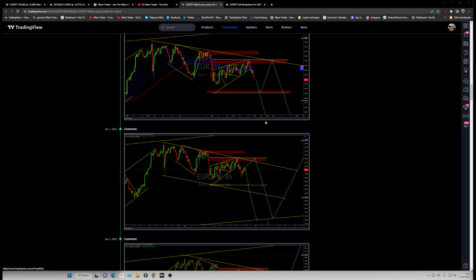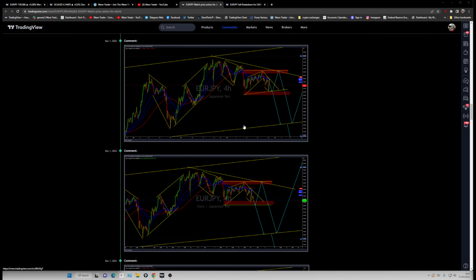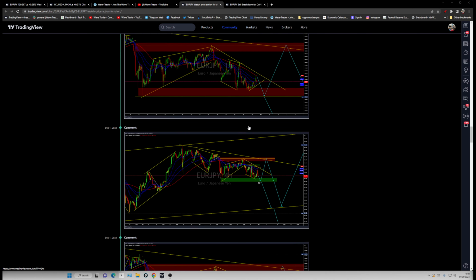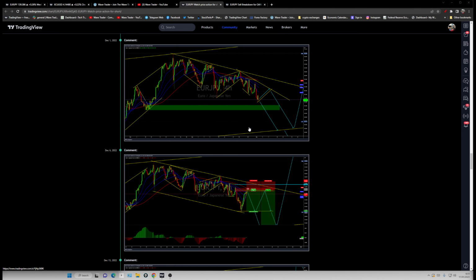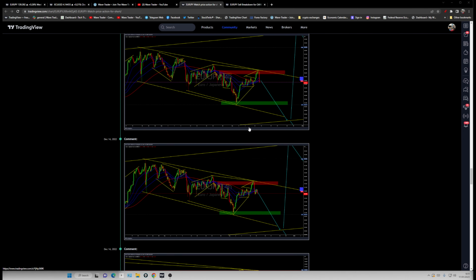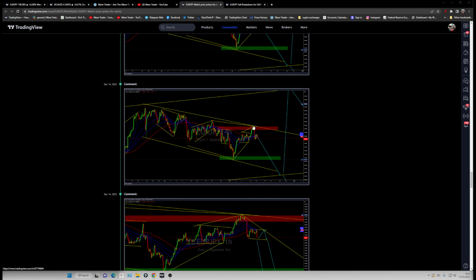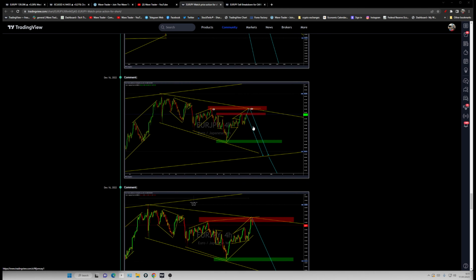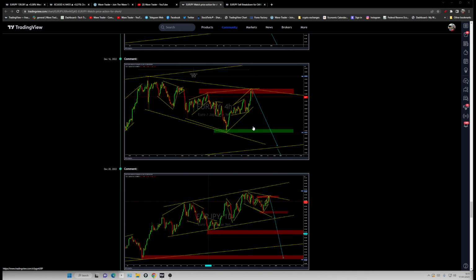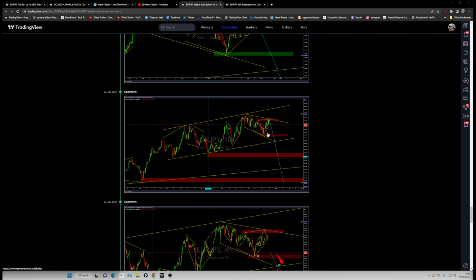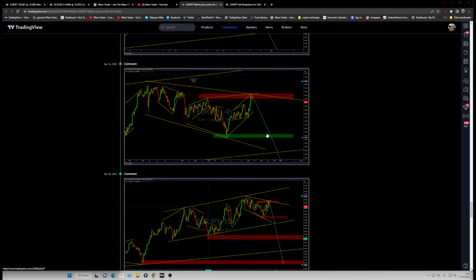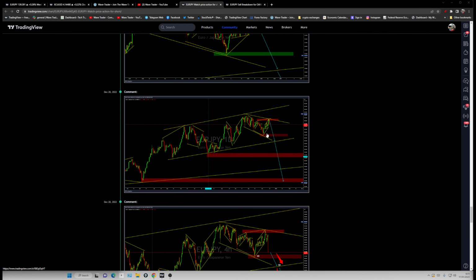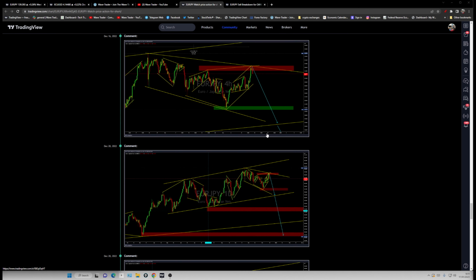Okay, so we were expecting all these corrections to just keep dragging lower. Okay, so the recent one which we had over there ahead of the tweak, the tweak from the Bank of Japan.